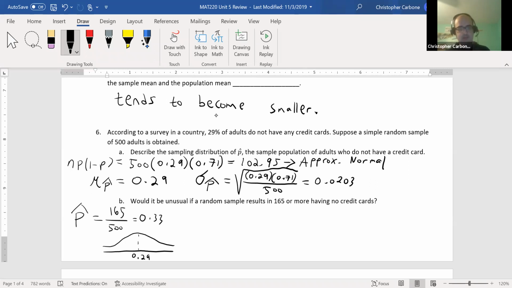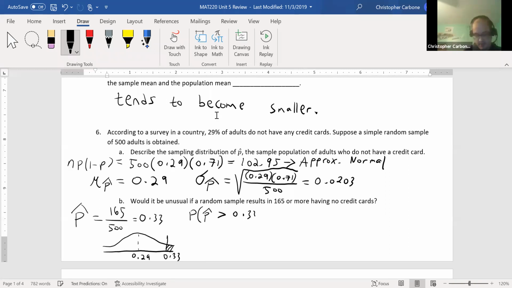And based on that standard deviation, 0.33 is going to be pretty much down here. And we want the area above it. So this is the probability we have a sample proportion greater than 0.33.